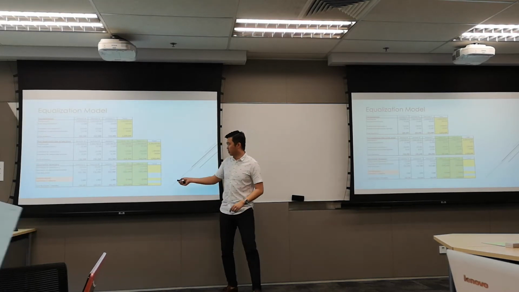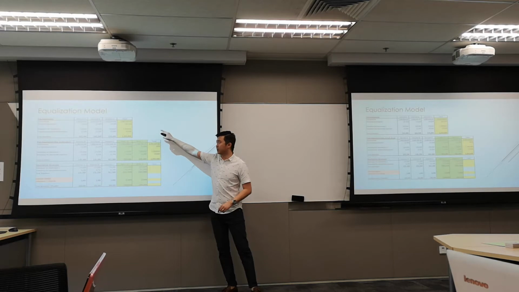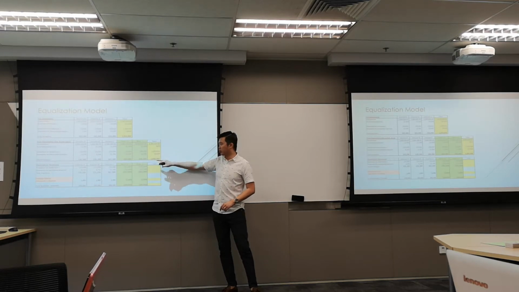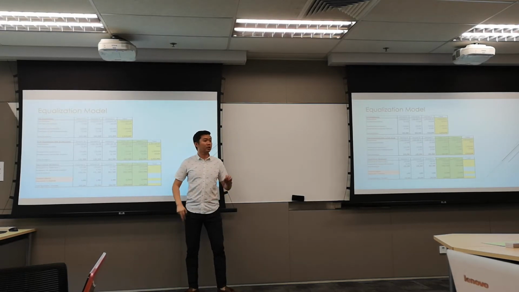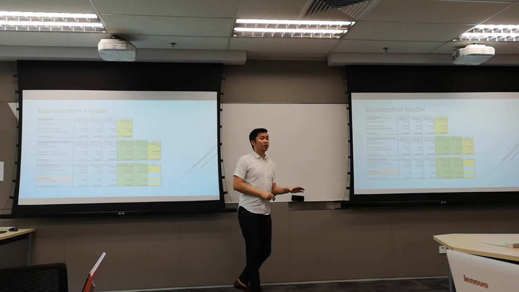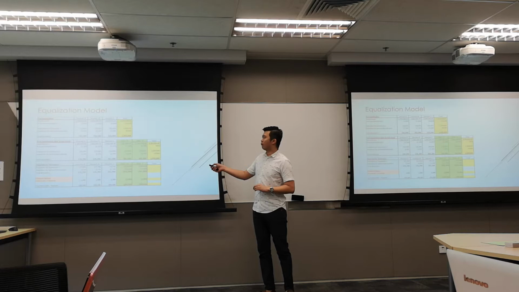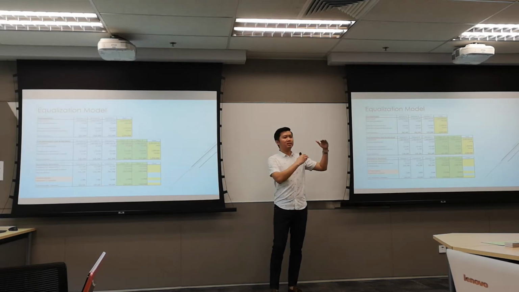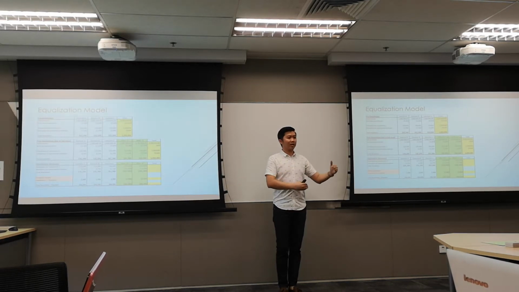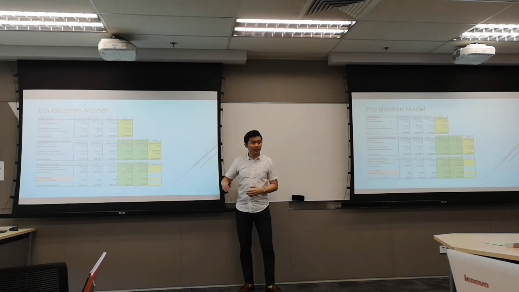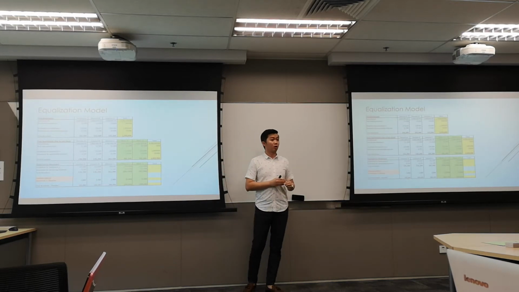And the last step, we calculate the difference between step 1 and step 3 to come out with the amount to be called and returned to the investor. So in a typical equalization model, you'll see 3 separate tables, so that you can complete the entire equalization model.